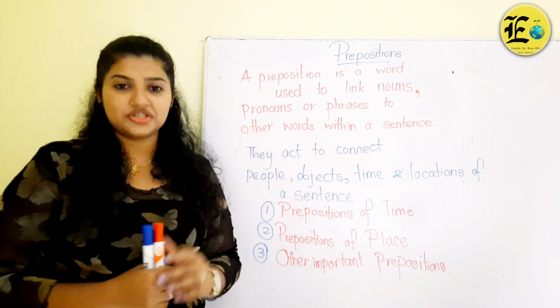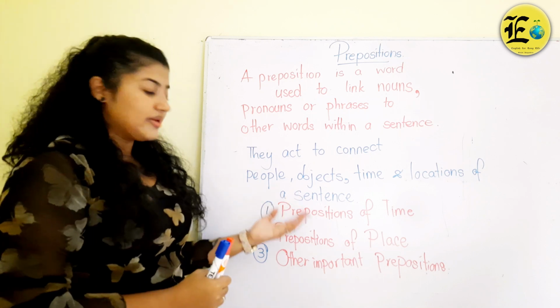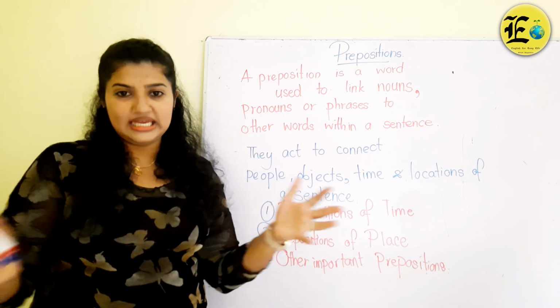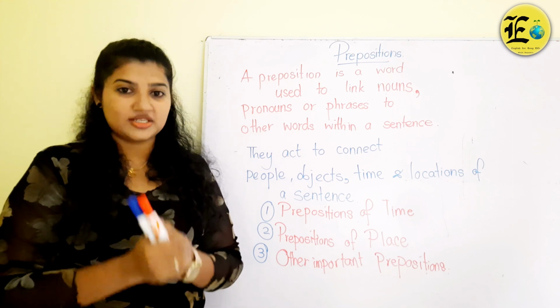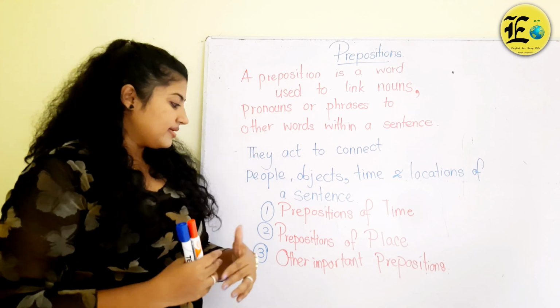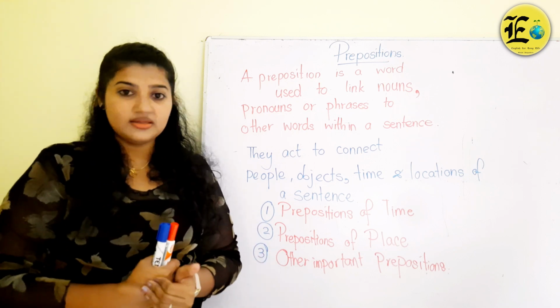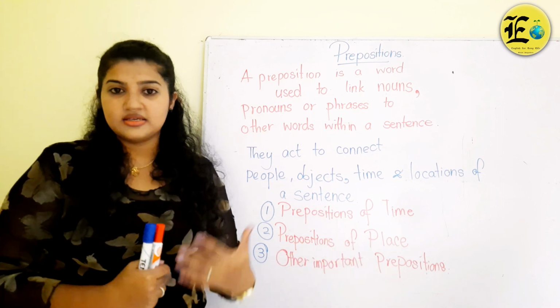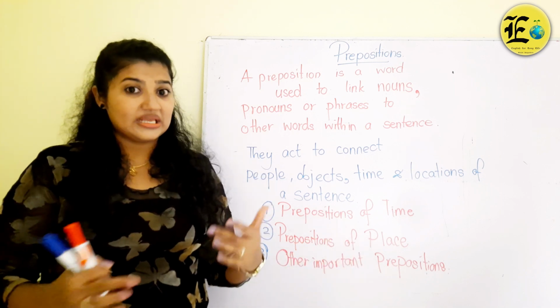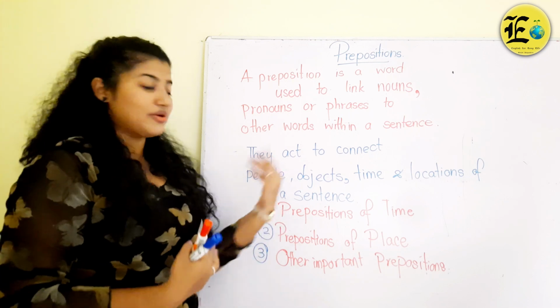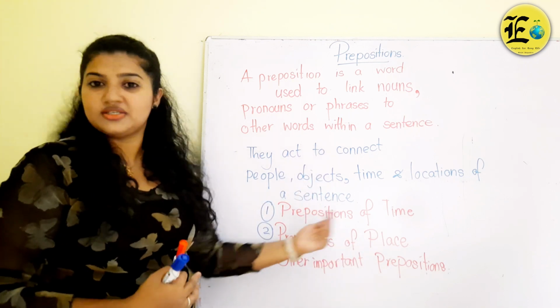Under our discussion today, we will be talking about the prepositions of time. There are many prepositions which denote time, so we will be talking about them. Further, we'll be discussing the prepositions of place. There are certain prepositions in common which could be used as prepositions of time as well as prepositions of place.